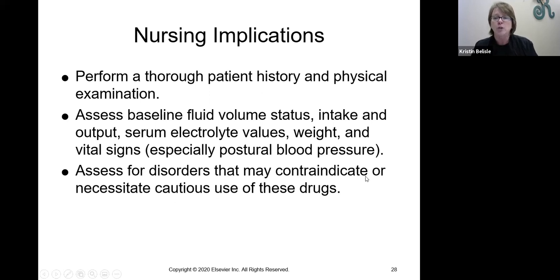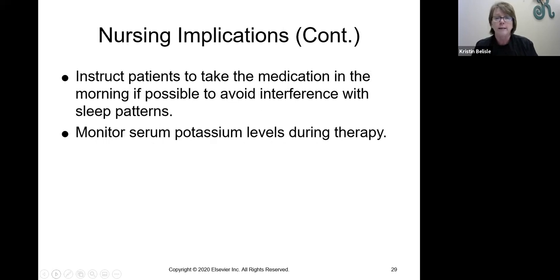Assess for any disorders that may contraindicate or necessitate cautious use of these drugs. Always instruct your patients to take the medication in the morning if possible to avoid interference with sleep patterns. The reason we want them to take them in the morning is for safety. You don't want someone to have to get up all night breaking their sleep, especially elderly people. What are they going to do? Trip and fall?